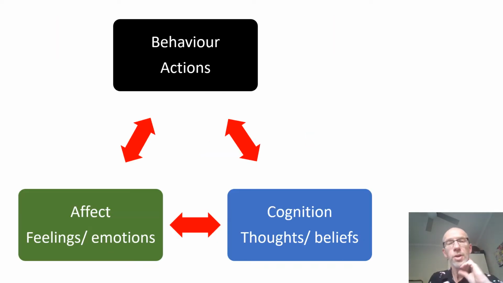So students, when you're given a scenario and you're asked to identify the A, the B, and the C from that scenario, when you're looking for the affect, look for emotions, feelings, things like hostility, anxiety, anger, happiness, etc. When you're trying to determine the cognitive part of it, look for things like the thoughts, the beliefs, the thinking processes that are going on. And then the behaviour, when you're trying to identify that, those are the actions or intended actions.